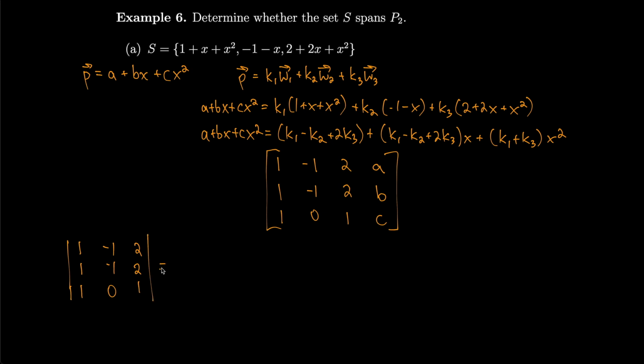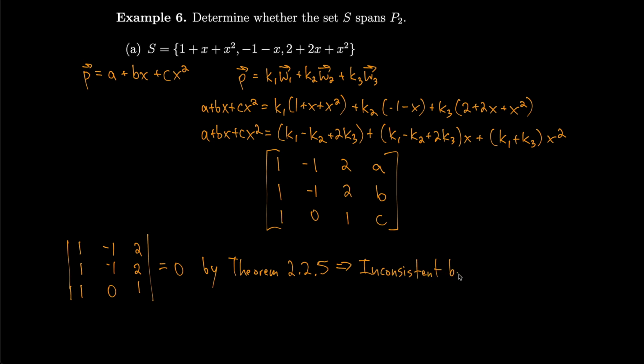There are repeated rows here, so you can imagine adding one row to the other and getting a row of zeros. So this thing is going to equal 0 by theorem 2.2.5. So that means that this system is inconsistent.